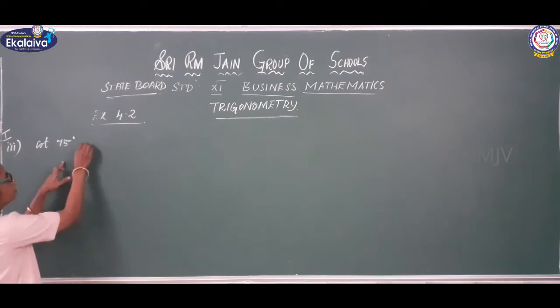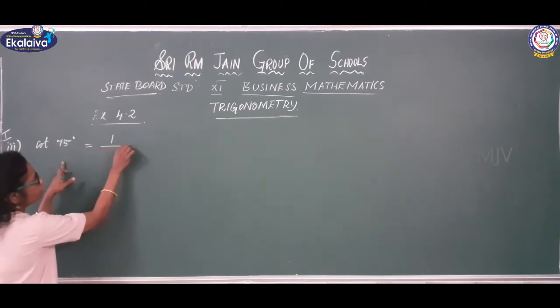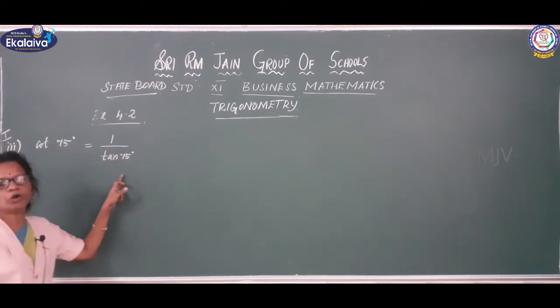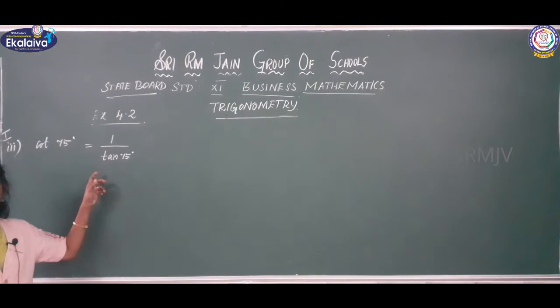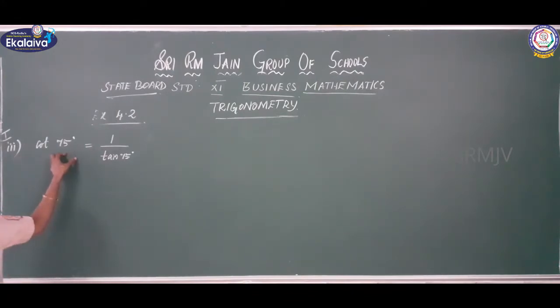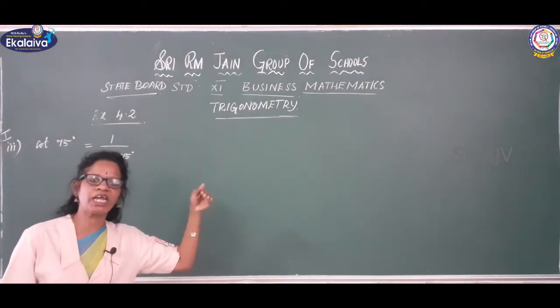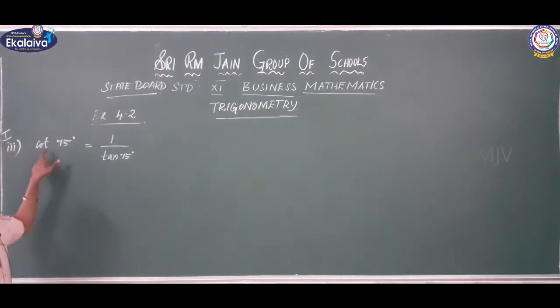Cot 75 degree equal to 1 by tan 75 degree, the reciprocal of tan. We don't know the value of cot 75 degree, but we know the value of tan, sine, cosine. So, the reciprocal of tan is cot, we know. I wrote it as 1 by tan 75 degree.